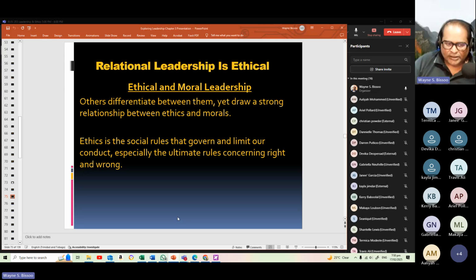We need to be paying attention to the underlying values of the leader, because those underlying values dictate our behavior. And that behavior should be consistent throughout all of the activities that we get involved with, all of the decisions that we make, and the way in which we treat everybody within the organization and outside the organization as well.